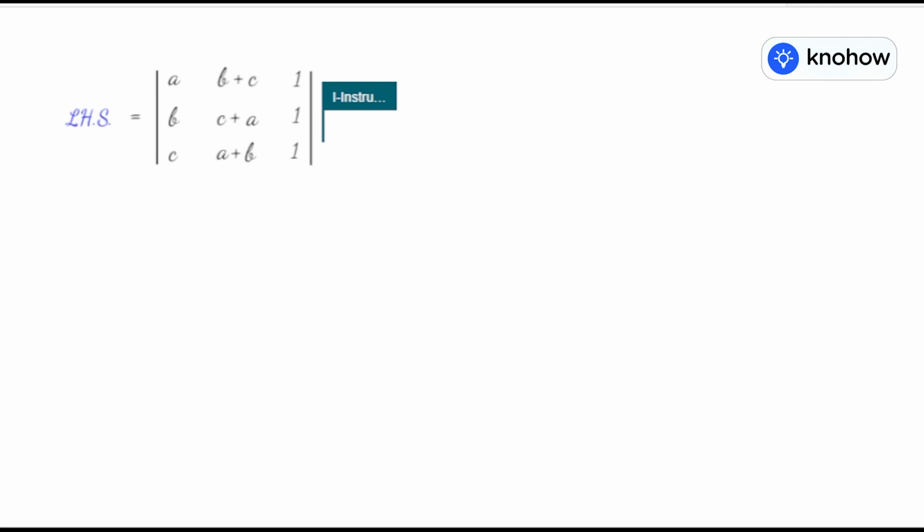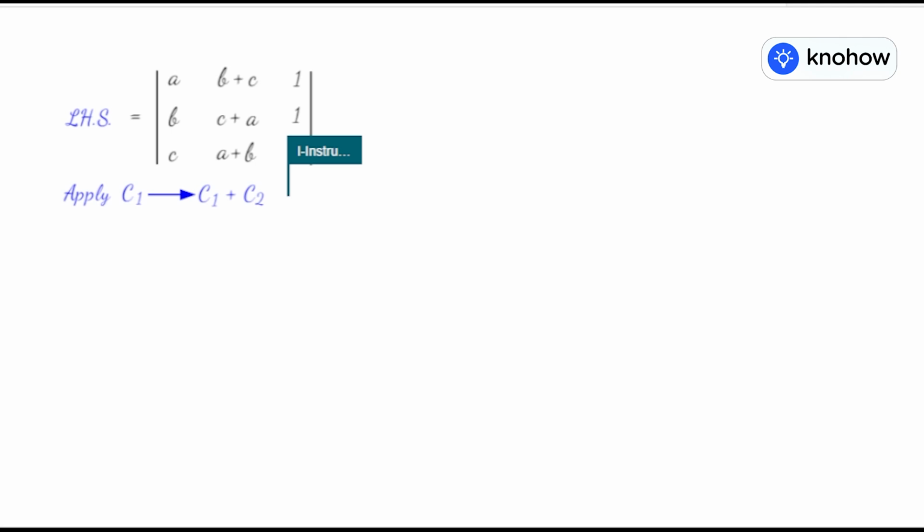So the first thing is that you change C1 to C1 plus C2, because then all the elements of C1 will become A plus B plus C, which after taking common, you will get 1, 1, 1 in column 1 as well as in column 3, and the two columns being identical will give 0.